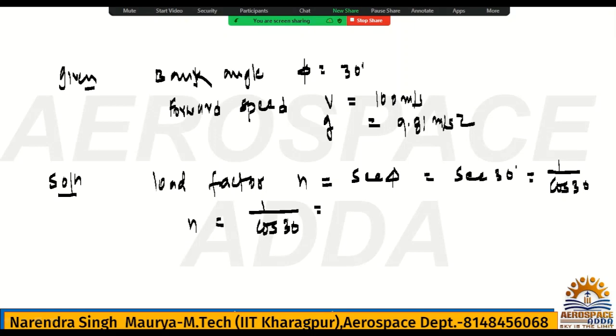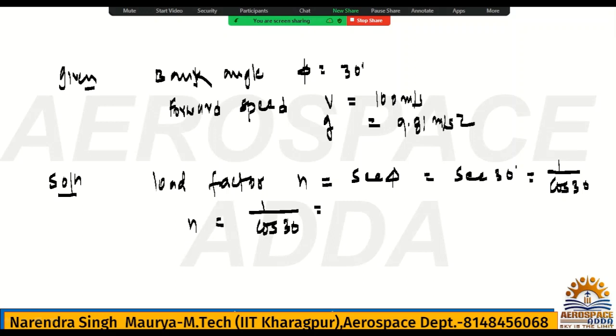It is very simple to remember the sine and cos values: cos 30, cos 45, cos 60, sine 30, sine 45, sine 60, tan 30, tan 45, tan 60. All these values you have already remembered in 9th standard mathematics, so there should not be any confusion.